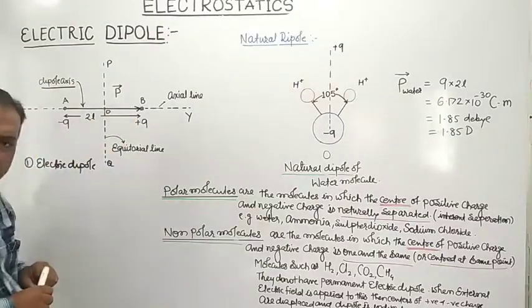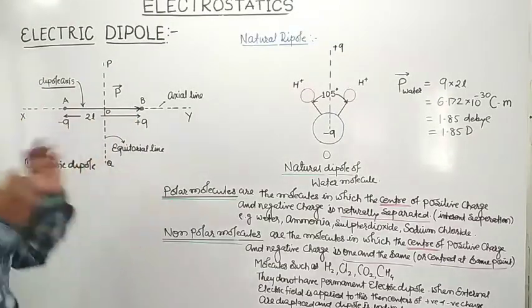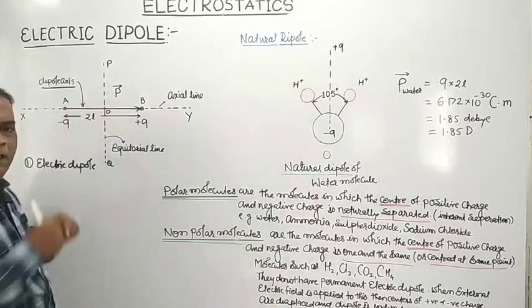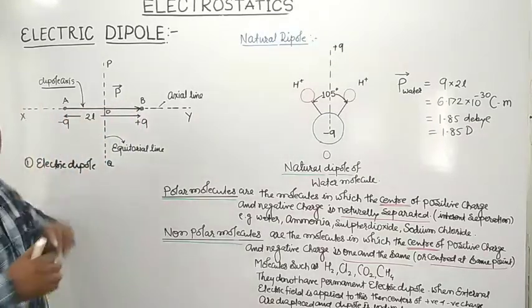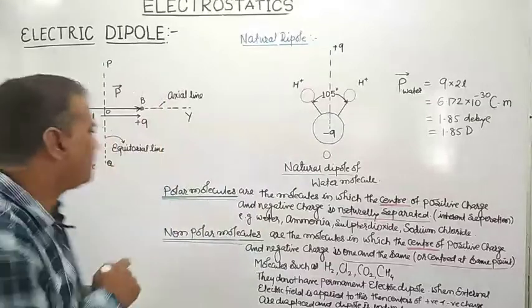A pair of equal and opposite electric charges separated by a finite distance is called an electric dipole.